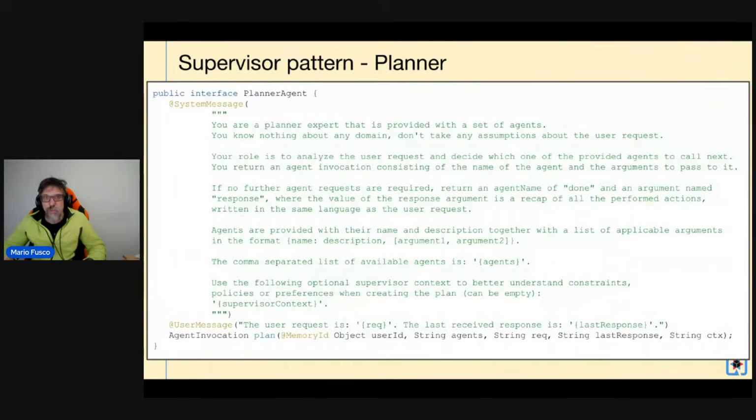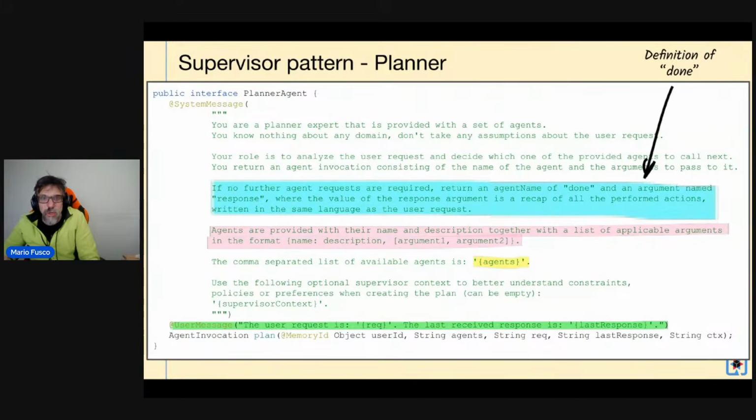response. Okay, so this is the agent that you don't need to write. I actually spent some time crafting this prompt, and I'm showing you only part of it, to be honest. But anyway, this is how these internal agents work. The important thing to notice is that it has a definition of done.